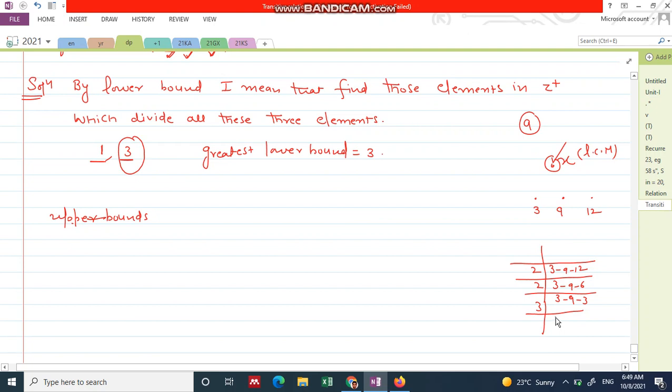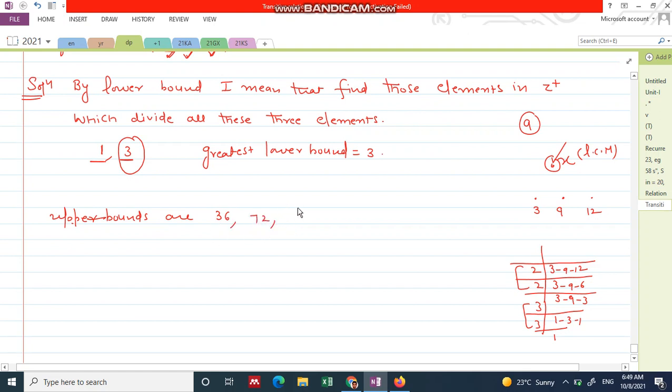What do you get? 1, 3, 1 and then again 1. So you see, 2 to the 4, 4 into 9 is 36. So upper bounds are 36 and the multiples of 36.